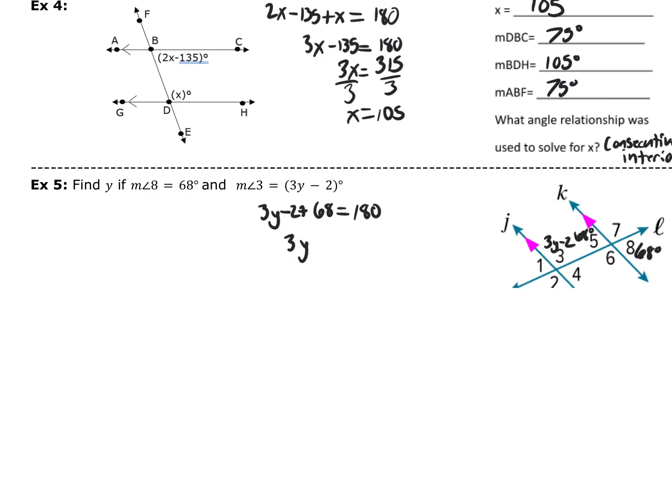So that's 3y plus 66 equals 180. So that means 3y is 180 minus 66, 114. Divide that by 3. Sorry, I should have shown that I subtracted 66 there. 114 divided by 3 leaves us with 38. Y is 38.